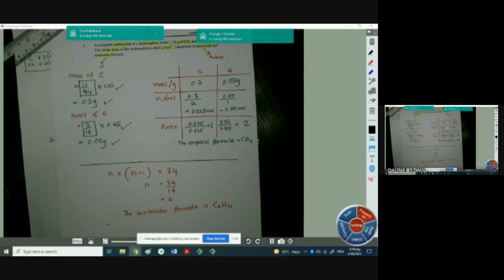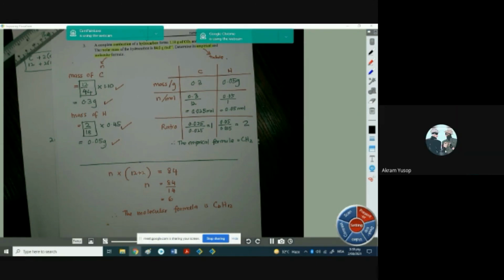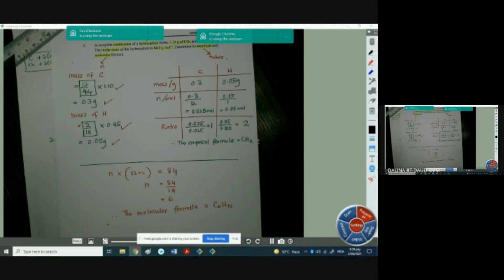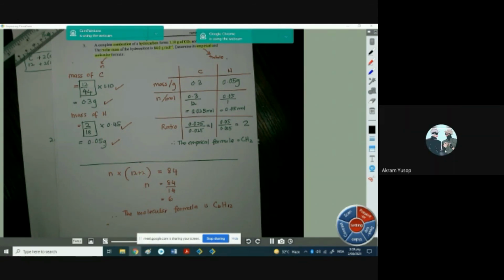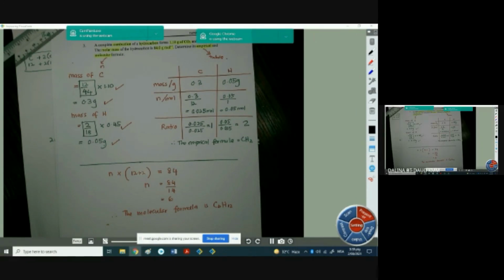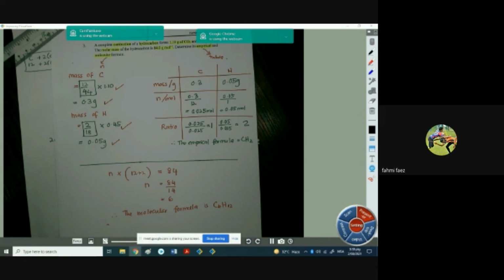Akram, apa masalah? Sama lah macam Fahmi. Sesi lepas tak guna. Awak SES kan? Tak, SDS. Dekat sekolah tu tak guna. Masa SPM tu tak guna. Amirah Hakim pun sama. Guna, cuma saya try balik guna password masa dekat sekolah, still tak boleh masuk.